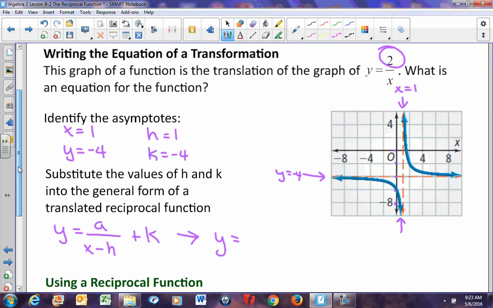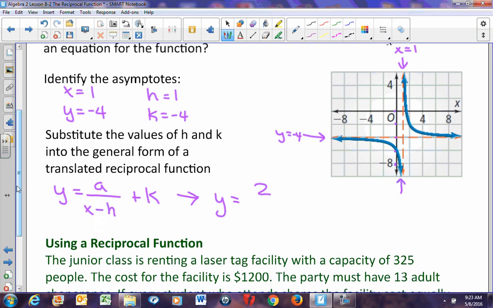So y equals 2 over x minus h, which is 1, plus k, plus a -4. I could leave it like that, but it's a little bit better to simplify it all the way to cleaned up form. So y equals 2 over x minus 1 minus 4. And that's the equation of this graph.